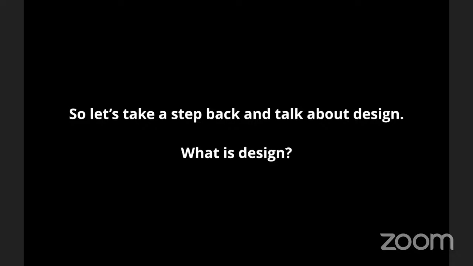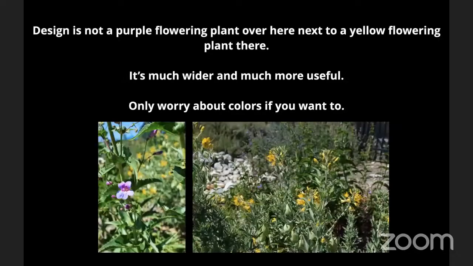So let's take a step back from that kind of more theoretical stuff and just talk design. What is design? Well, one thing design is not, is a purple flowering plant over there next to a yellow flowering plant over here. It's much wider and much more useful, and only worry about colors if you want to.